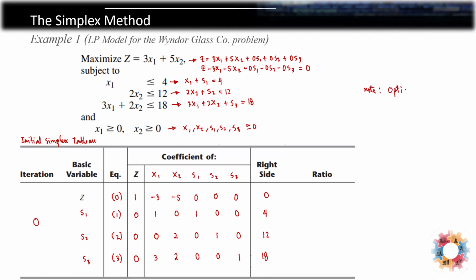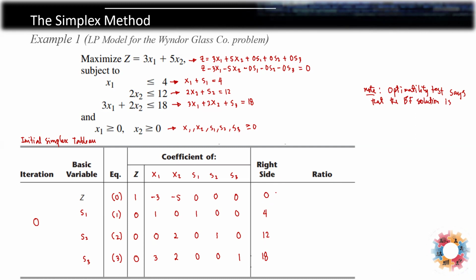The optimality test says that the BF solution, the basic feasible solution, is optimal. By the way, which is the basic solution? The basic solution refers to the numbers that you see here on the right side.